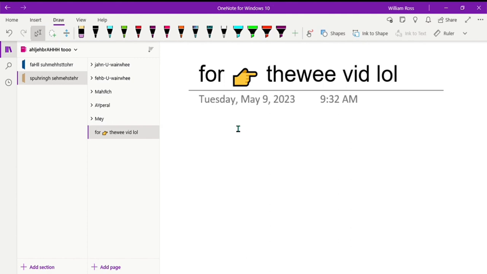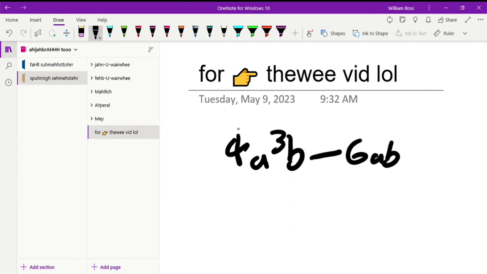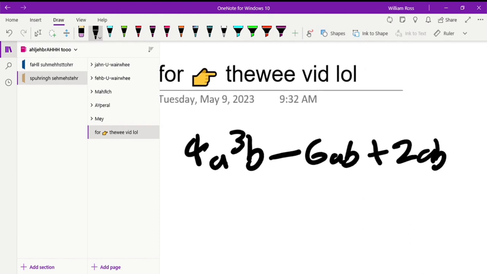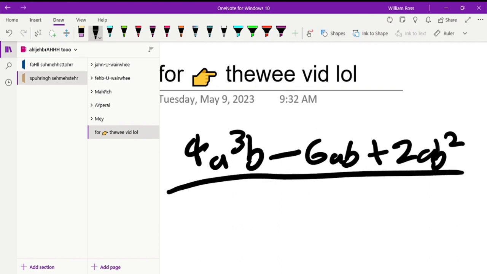Okay, so first let's start with simplifying. So let's start off with, let's say, 4a cubed b minus 6ab plus 2ab squared divided by 2ab.